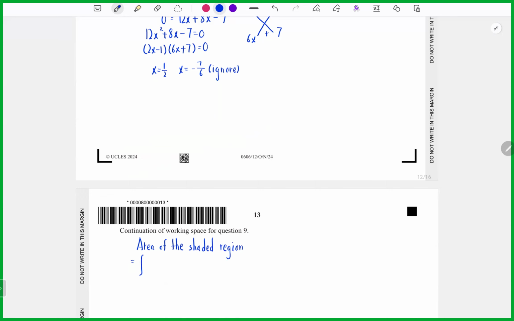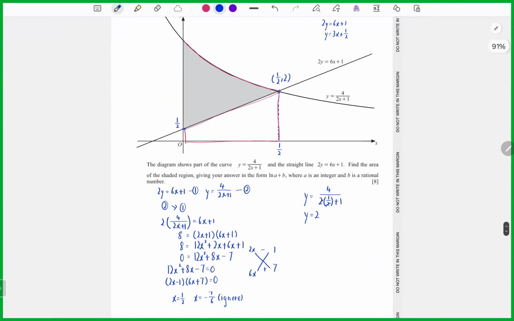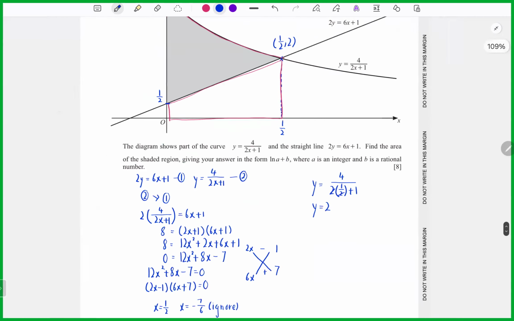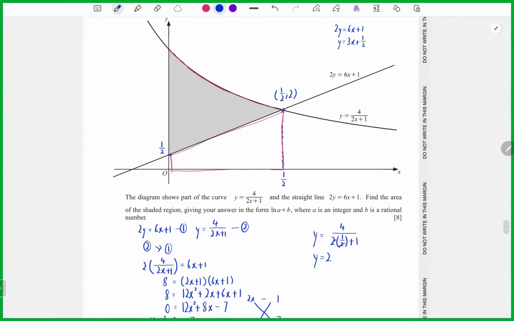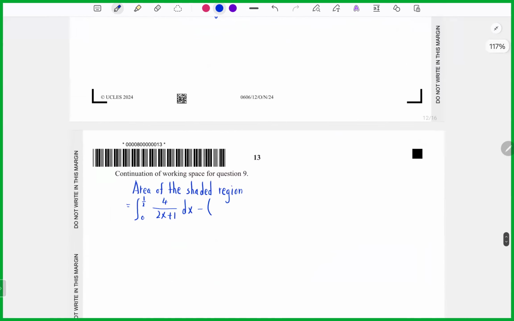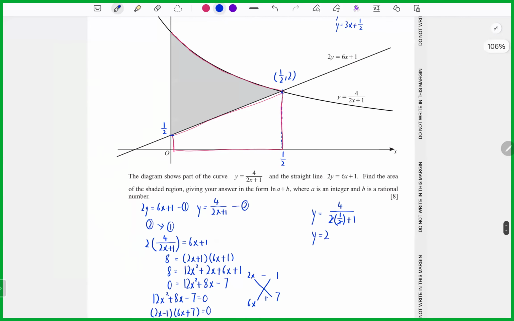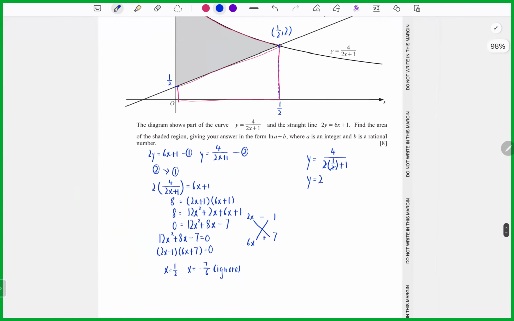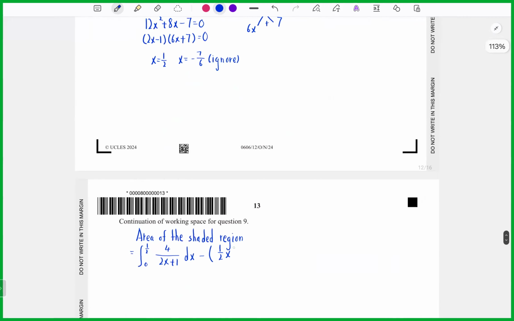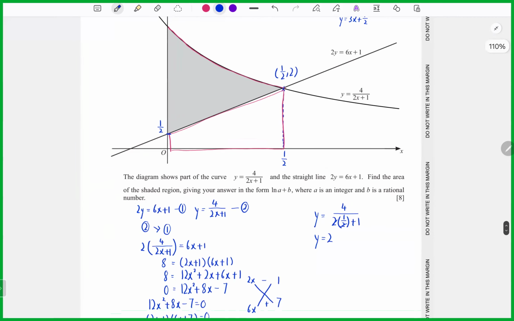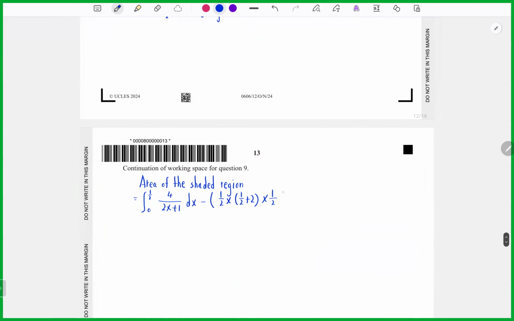The area of the shaded region equals the integral from 0 to 1 over 2. So we take the curve 4 over 2x plus 1 dx minus, you see here is the area of the trapezium, right? So 1 over 2 multiplied by 1 over 2 plus 2, and then multiplied by 1 over 2 again.